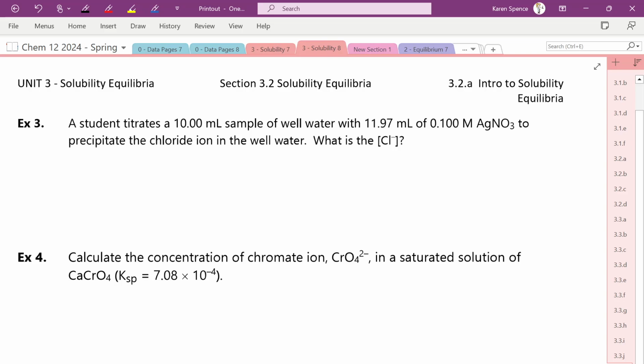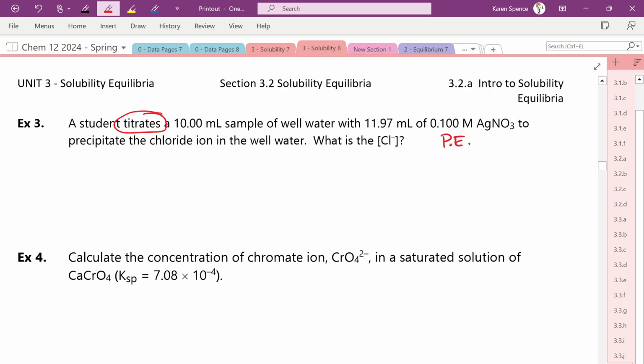What is the concentration of chloride? Are we going to use the C or the PE? Do you guys agree? Precipitation equation, because whenever we're doing a titration, we're more concerned about the precipitation. Okay, so we're going to use the precipitation equation.